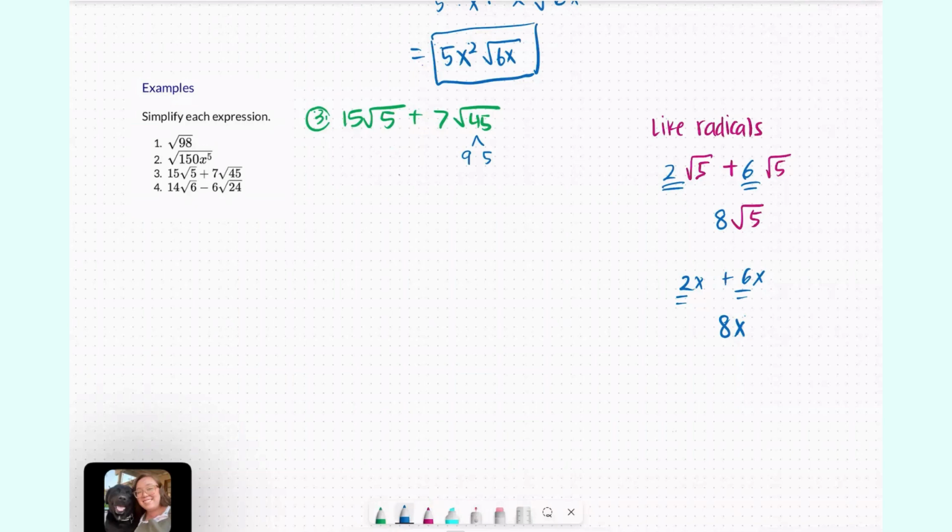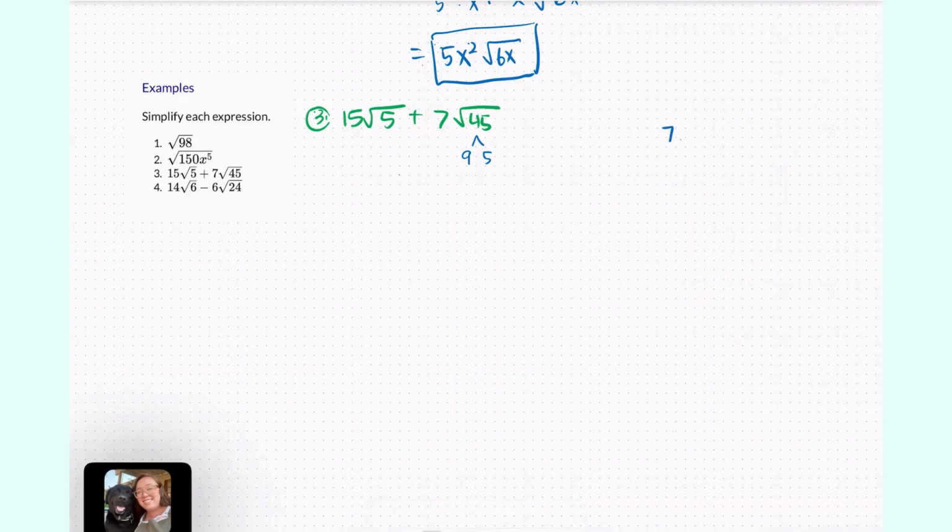So maybe off to the side, I'm actually going to erase this part. Off to the side, I'm going to simplify this 7 root 45 just to clean it up. Like side scratch work. Root 45 is 7 square root 9 times 5, which is 7 square root 9 times square root 5.